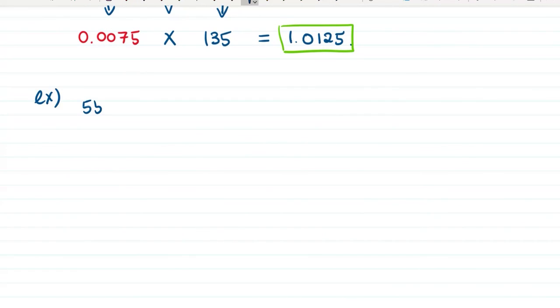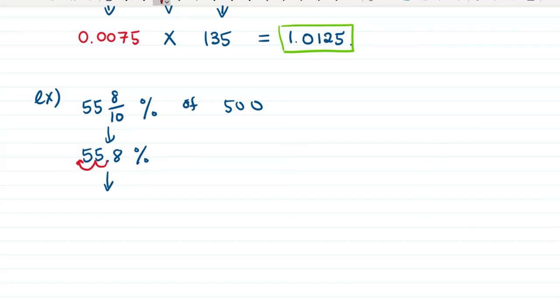So 55 and 8/10% of 500. Okay, so 8/10 is just 0.8. So 55.8% can be written by moving the decimal place twice, filling in with the 0.